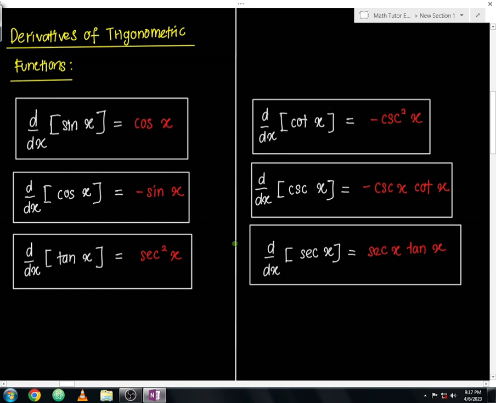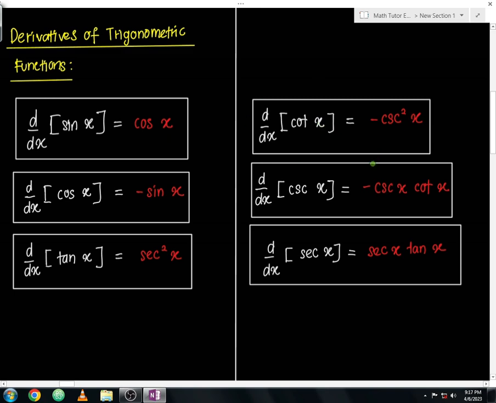As for the right side formulas, it's pretty similar. When you differentiate cotangent x, which is basically 1 over tangent x, you should be getting negative cosecant square x. If you guys don't know what the special trigonometric functions are, cotangent x is 1 over tangent x.